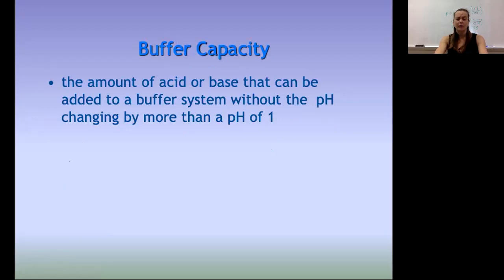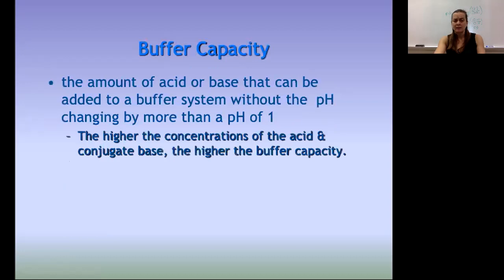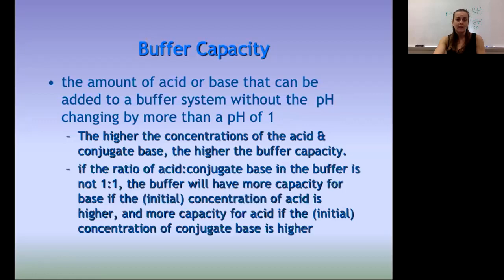So we're talking about kind of a zone where it's keeping the pH relatively constant. The higher the concentrations of the acid and the conjugate base, the higher the buffer capacity is going to be, because we have more available to react with whatever's being added. So the higher the concentration is, the higher the capacity is.